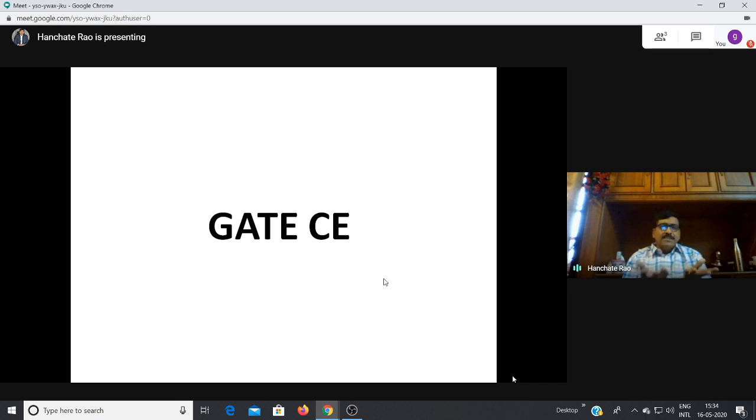If you have the concept, you can draw the shear force and bending moment diagram for any type of loading, either a couple, a UDL, or a varying load. I have given a number of examples in my presentation, so I request you to go through the PPT of shear force and bending moment diagrams. Quite a few problems have been solved with couples, so please go through that.